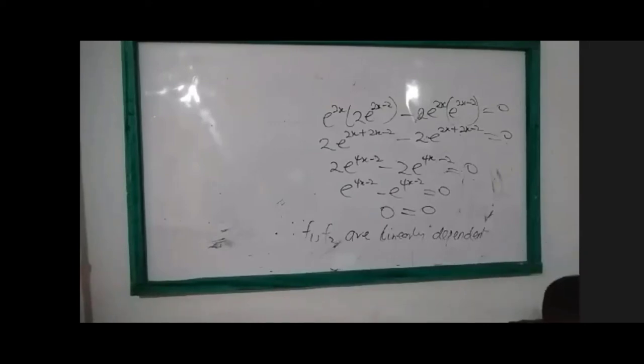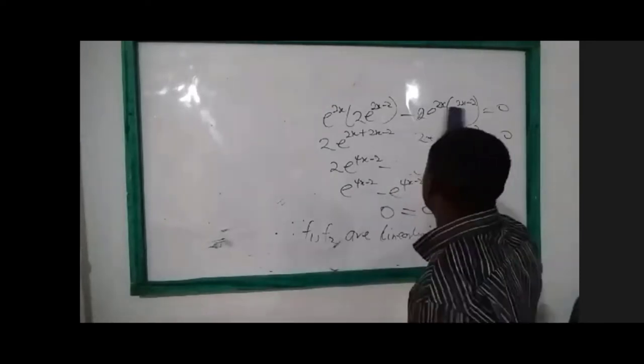So we will use this same example and apply that method. So either you use the Wronskian or use this approach. So let's look at that.